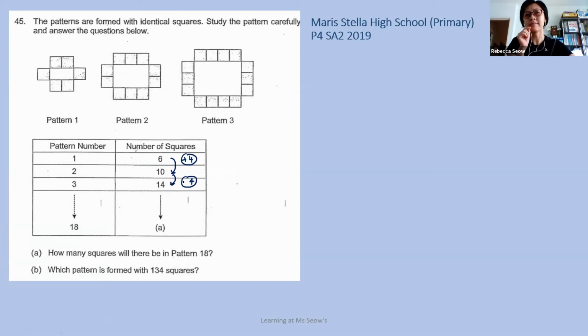So you realize that the increase is rather consistent, and we can expect that from pattern 3 to pattern 4, it will be another increase of 4. So instead of writing down 6, 10, 14, 18, 22, and so on, we want to come up with a general pattern.